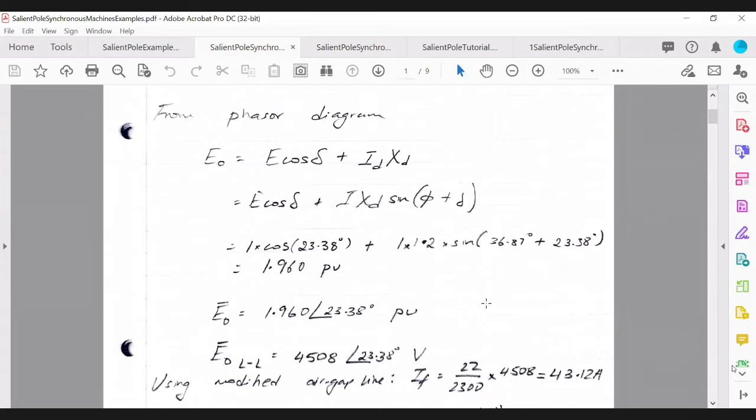So for you to get the voltage, firstly you need to determine the base value, right? So you need to determine EB. So when you multiply E naught by EB, you'll get the value in volts, right? So you're converting the unit from per unit to volt.